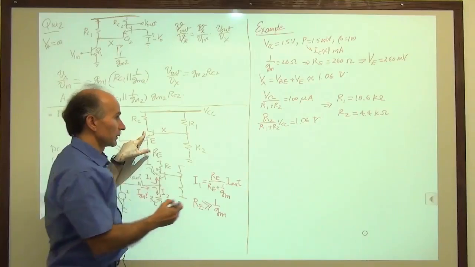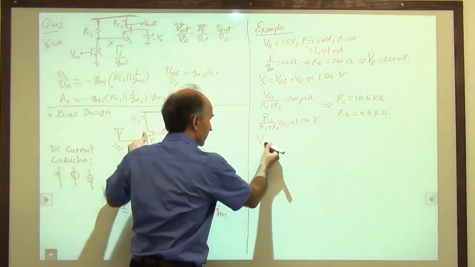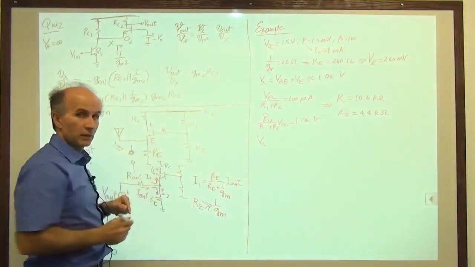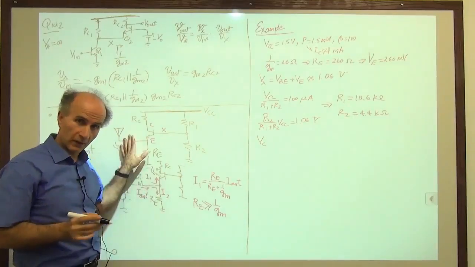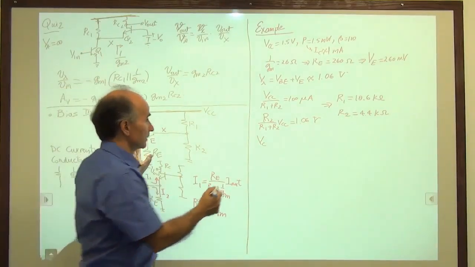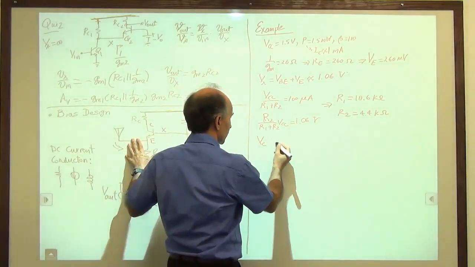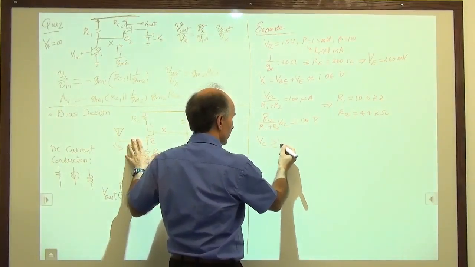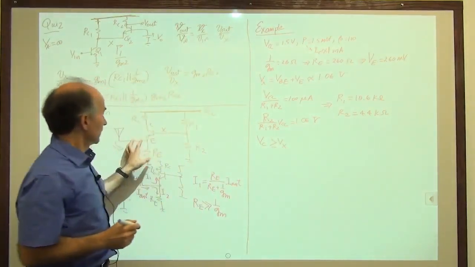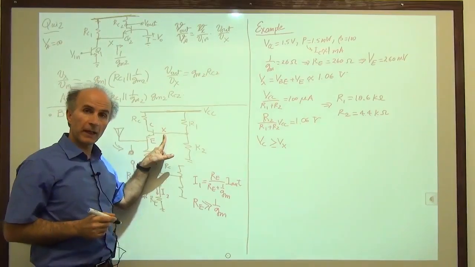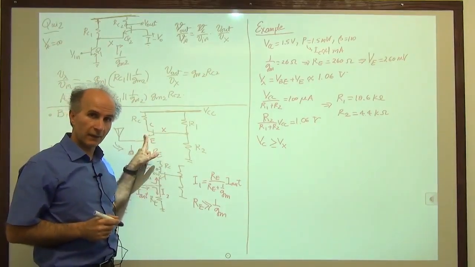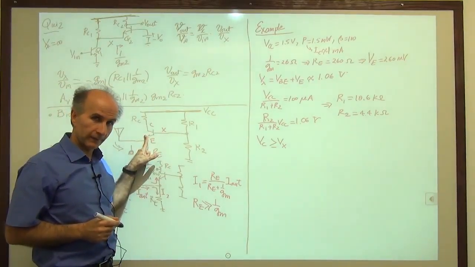So I will choose VC, the collector voltage. These are all DC quantities, no signal. It should be greater than or equal to Vx. This voltage should not go below the base, to make sure that the transistor does not enter saturation.